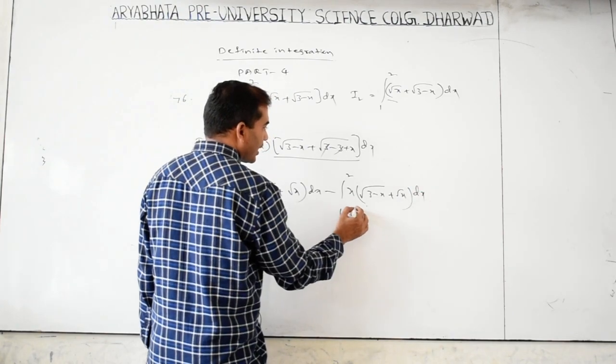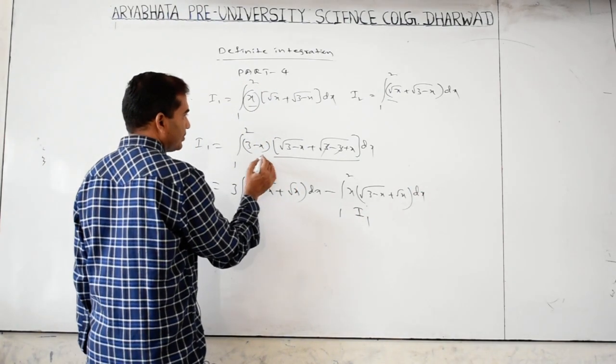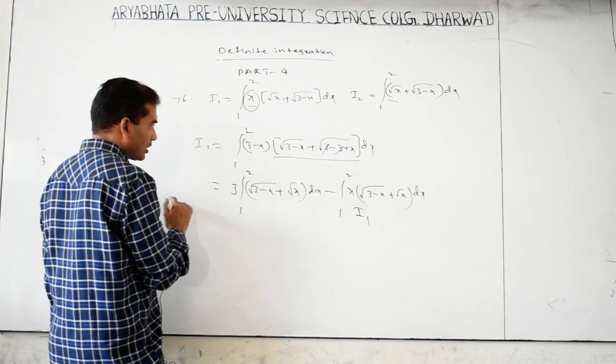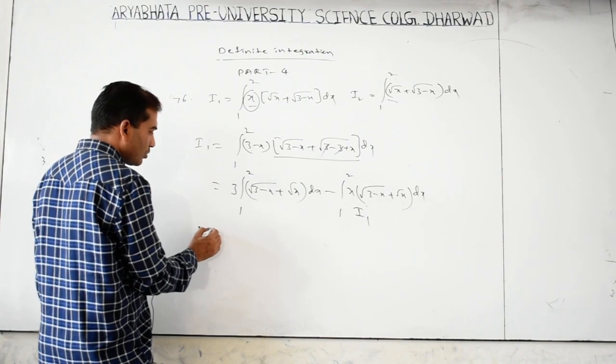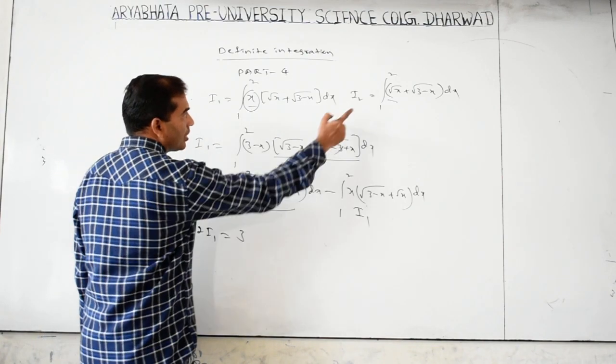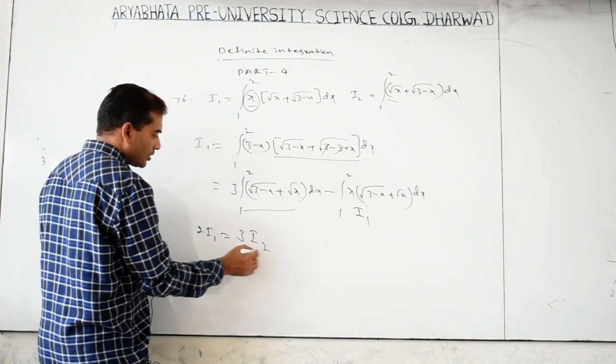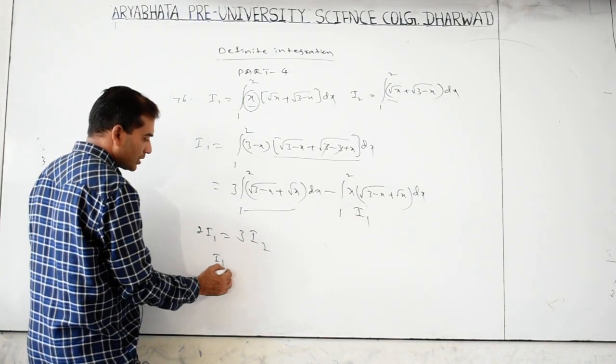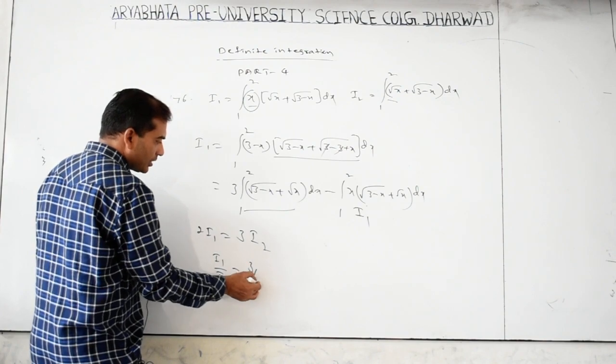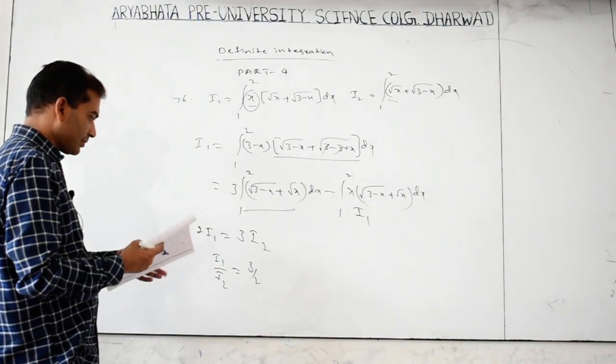This is I1, right? Transpose this side. I1 plus I1 is 2I1, 3. This is equal to I2. So I1 by I2 equal to 3 by 2.